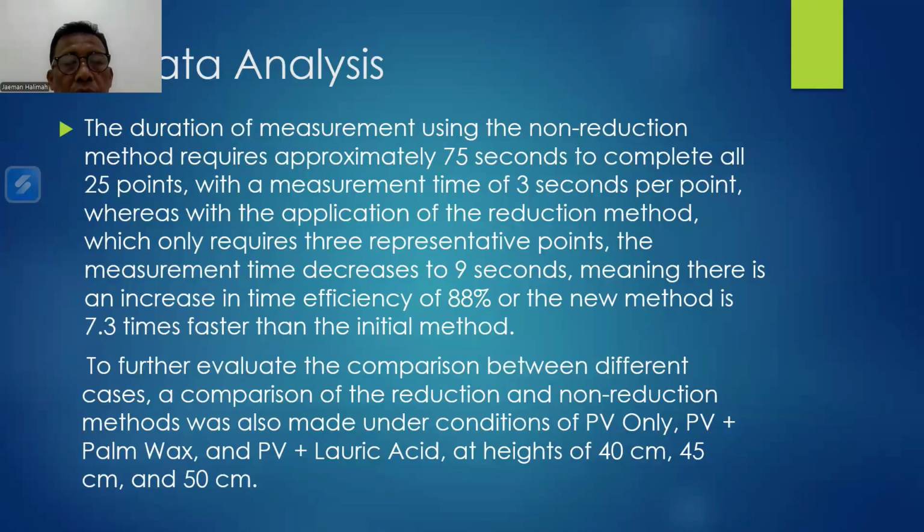For further evaluation, a comparison of the reduction and non-reduction methods was also made under conditions of PV only, PV plus palm wax, and PV plus lauric acid at heights of 40 centimeter, 45 centimeter, and 50 centimeter.